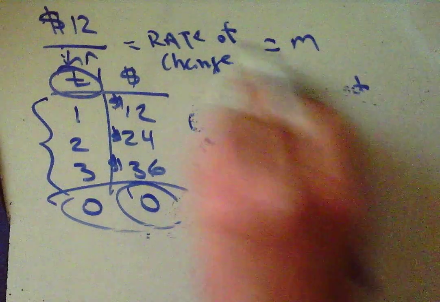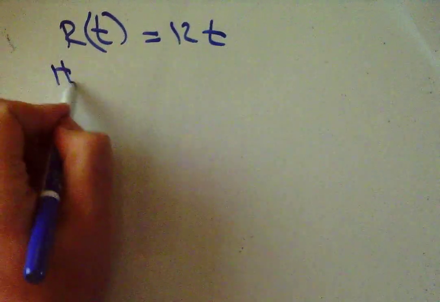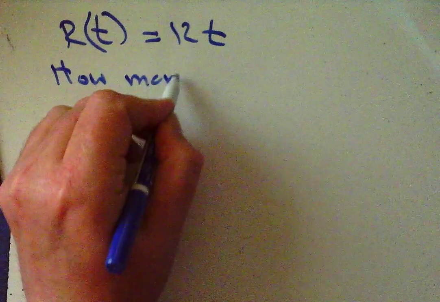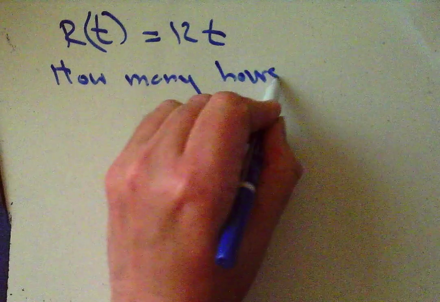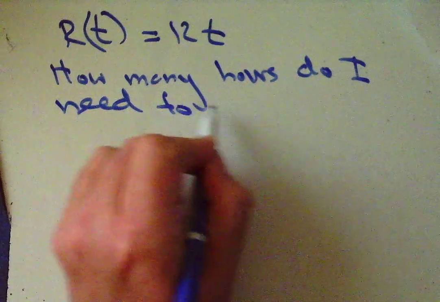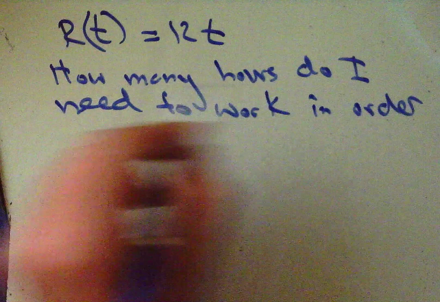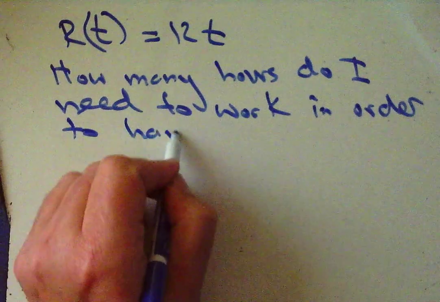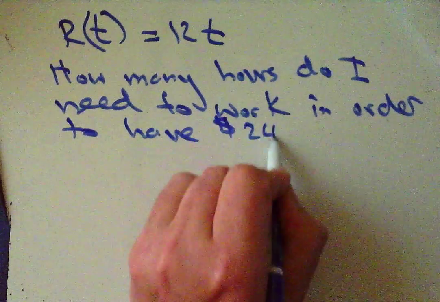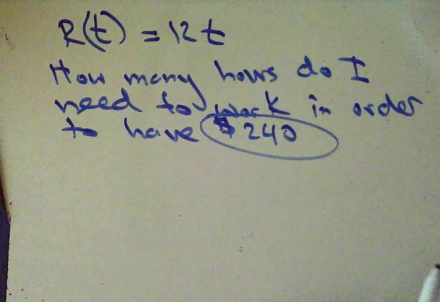Second question, using this model, is how many hours do I need to work in order to have $240? Okay, so I'm given an amount of money.